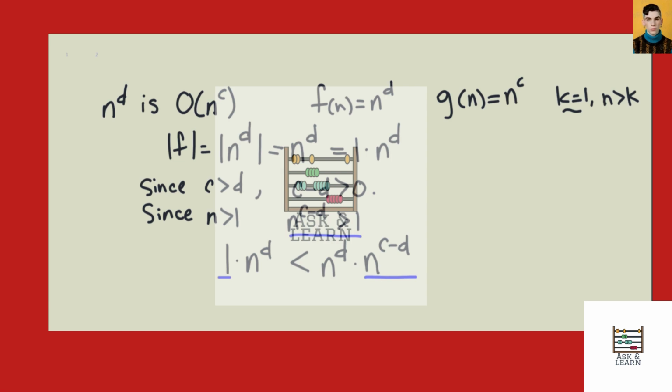All right, but this pair, n to the power of D times n to the power of C minus D, is actually just equal to n to the power of C, right?